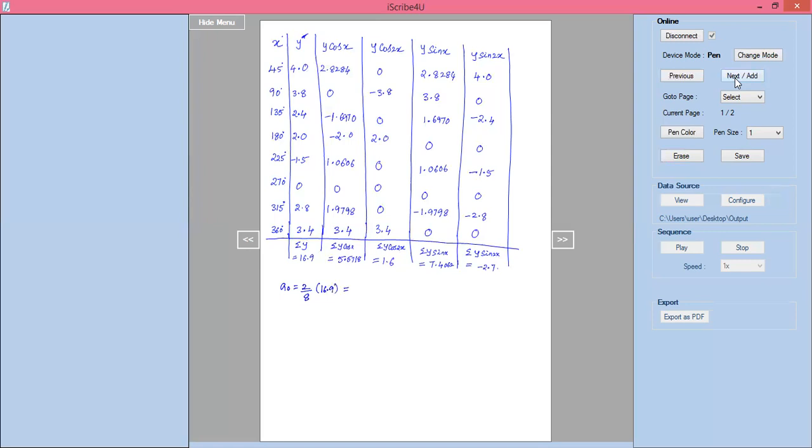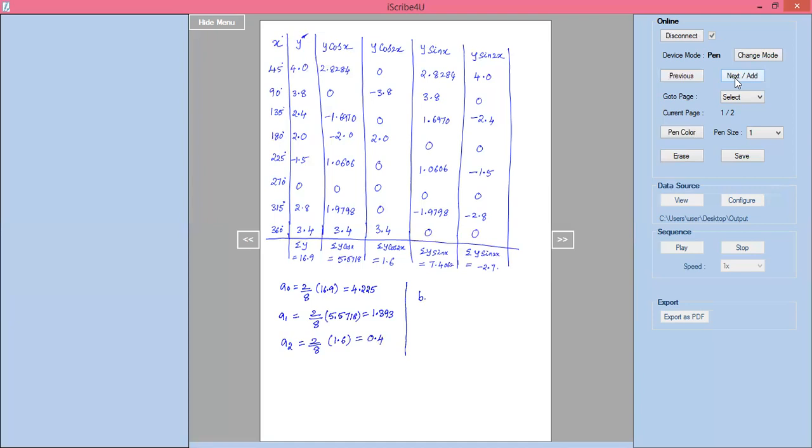If you simplify, a1 should be 1.393. Next, a2 equal to 2 by 8 into summation of y cos 2x, which is 1.6. Now you will get a2 is nothing but 0.4.